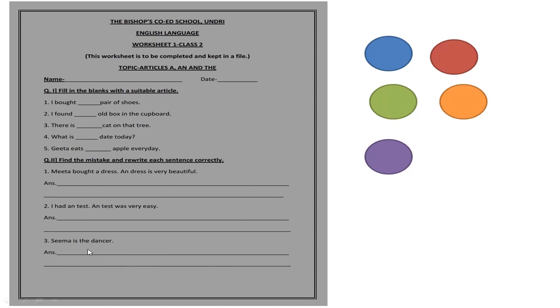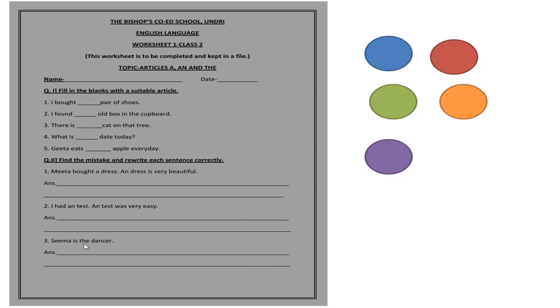Okay? Now, Seema is the dancer. Seema is one of many dancers, right? Okay? Just a dancer. So Seema is a dancer, not the dancer. Okay? If Seema is very special, she's a very good dancer, what will we say in that case, not in this sentence?